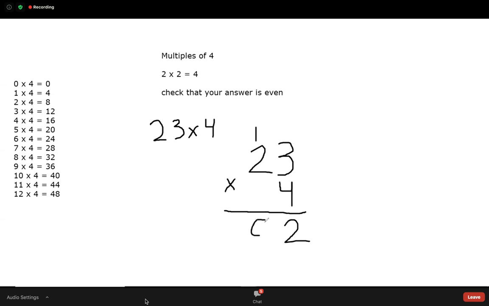So our final answer here would be 92. And we would check our answer by making sure that the number is even, which 2 ends in a 2, is even. So it passes our check. We'll give it a nice check mark.